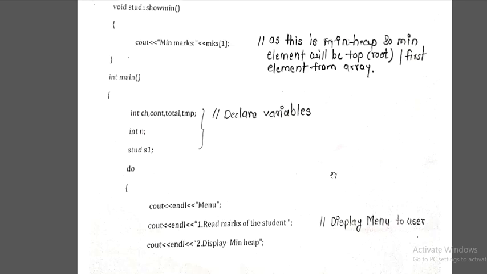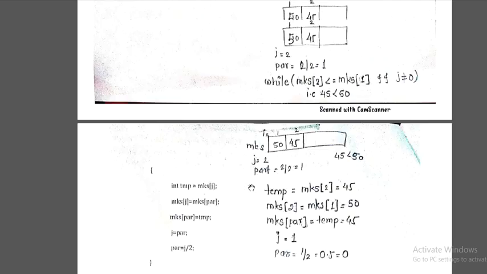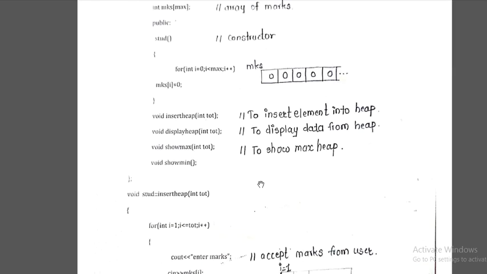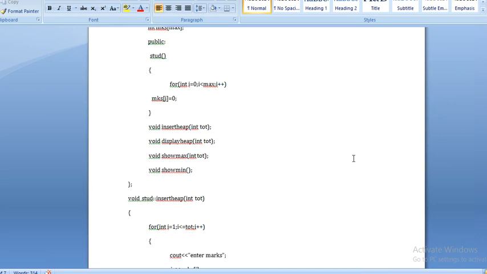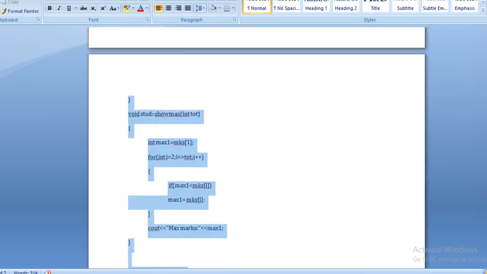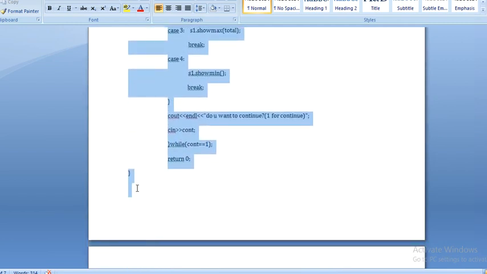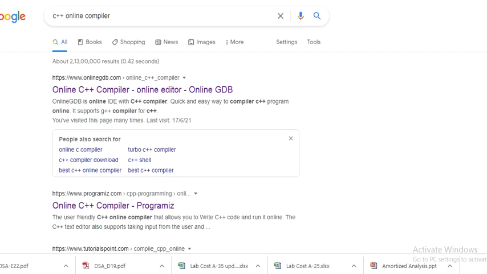So with this, all the concepts and the functions are explained. Now we'll see how this program is going to be executed. So let's see the execution of this. Here we have our program. We just copy this program, and now I am going to compile it on an online compiler.